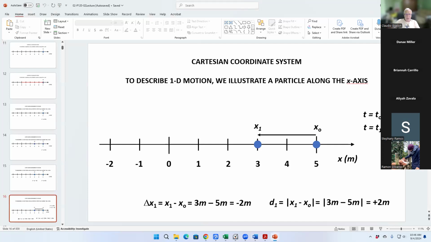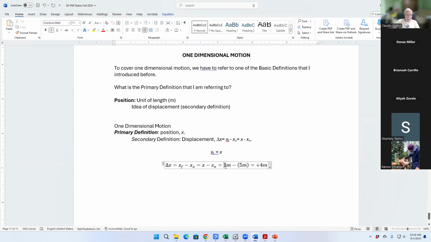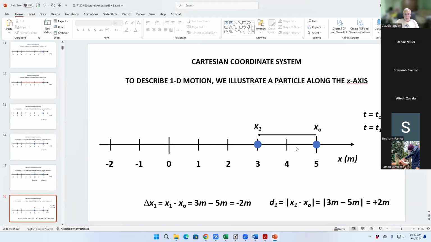And x final is equal to 3 meters. So we end up getting minus 2 meters. The displacement in this specific case is minus 2 meters. And because we have a minus sign, the arrow is pointing to the left, okay? And this arrow, by the way, represents a quantity that we call a vector, okay? That's the example that I'm doing here.